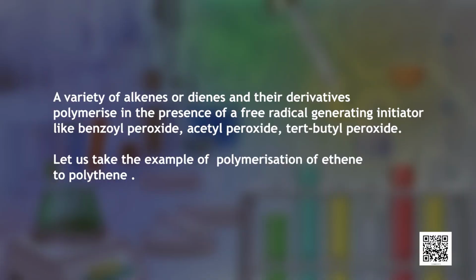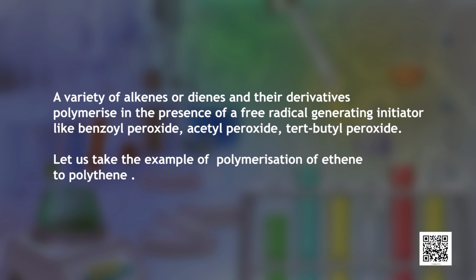As shared earlier, it is commonly followed by reactions undergoing addition polymerization. A variety of alkenes or dienes and their derivatives polymerize in the presence of a free radical initiator like benzoyl peroxide, acetyl peroxide or tert butyl peroxide.